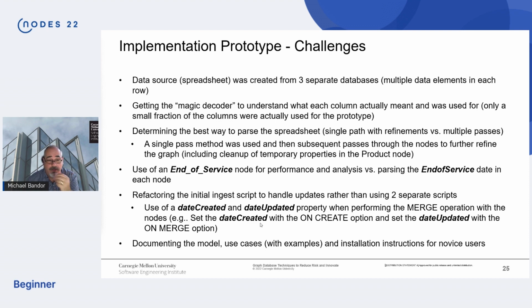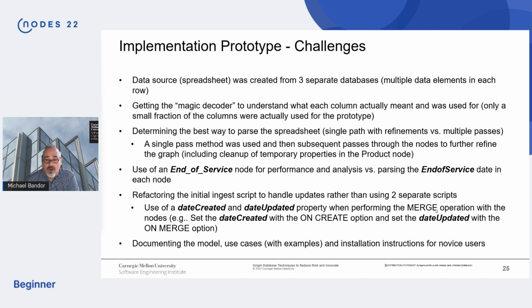Did some refactoring. I talked about how we were looking at an initial ingest script followed by some sort of update script. The more we looked at it, it would have duplicated the initial ingest script. And so with a little help from the Neo4j community forums, we put a date created and date updated property on each of those nodes.